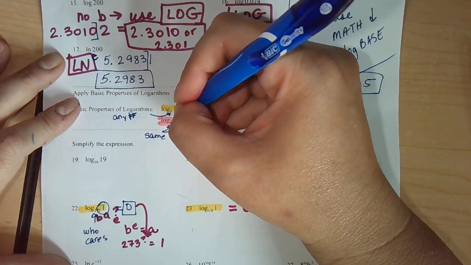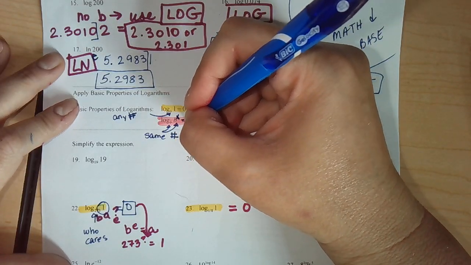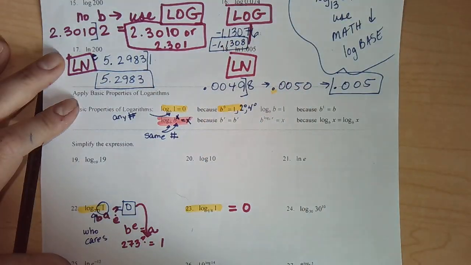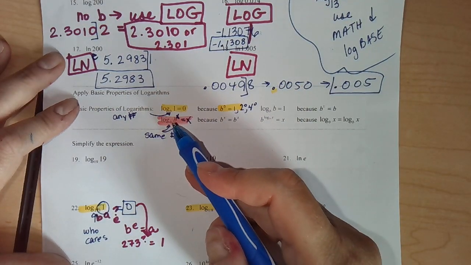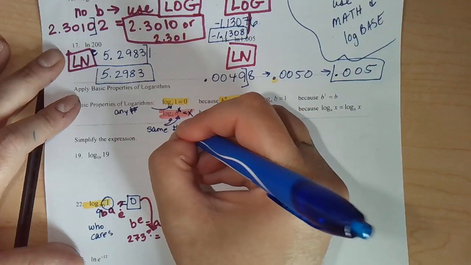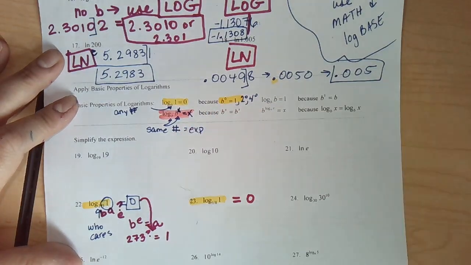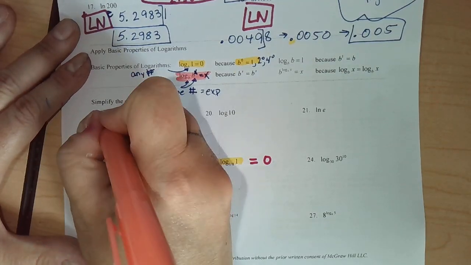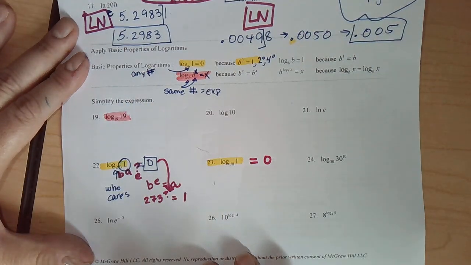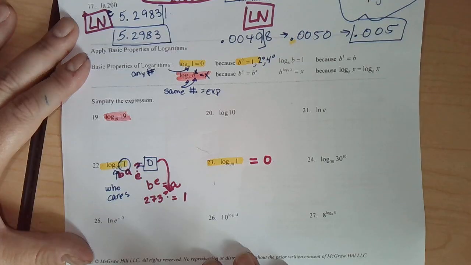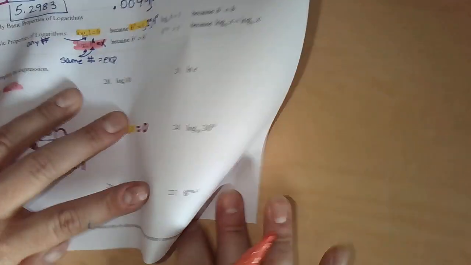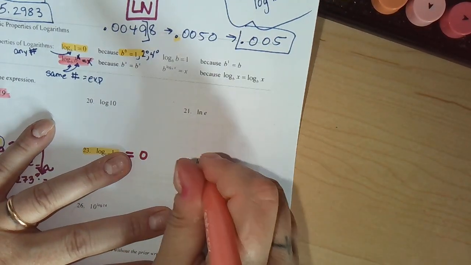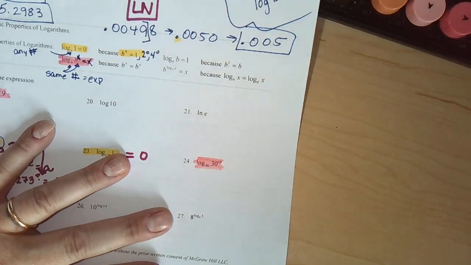So since this exponent is x, it's equal to x. So if you have the same numbers, it's equal to the exponent. Right? So let's look for the same numbers. Here I see a same base and big number. Here's one too. There's a couple others, but let's just start with those.